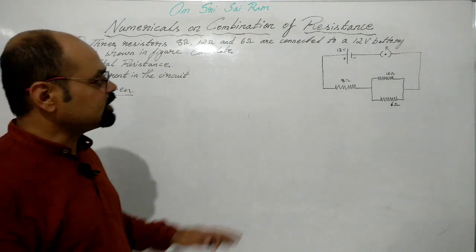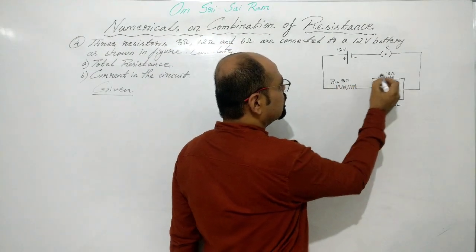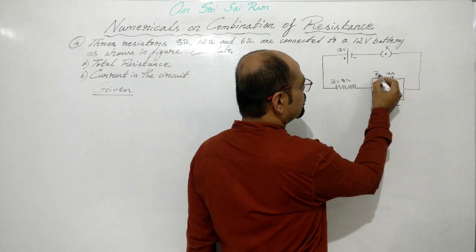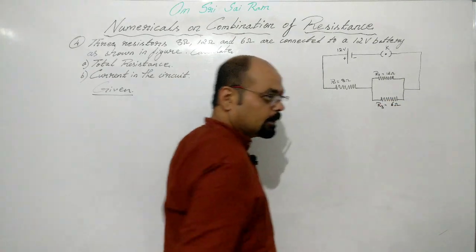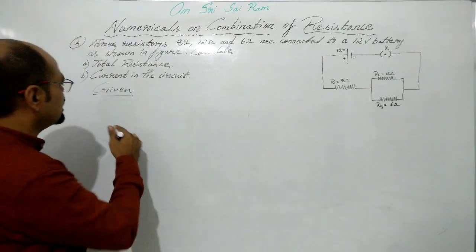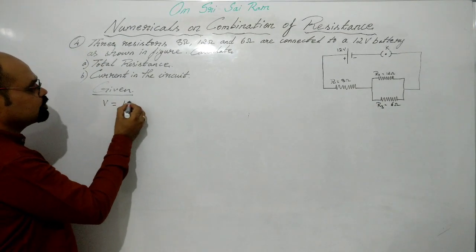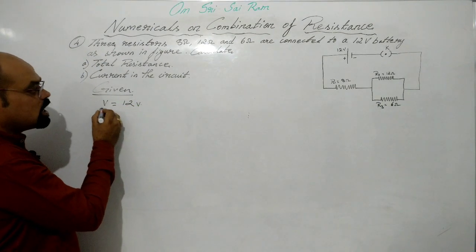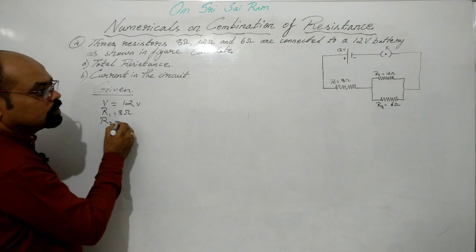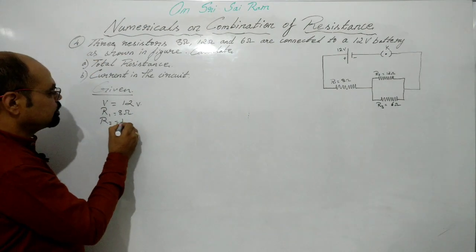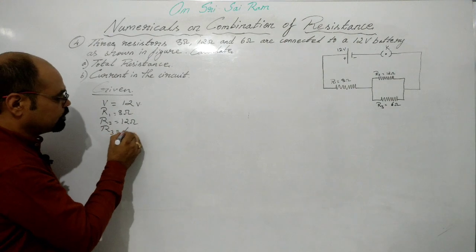Let's consider this resistor as R1, this as R2 and this as R3. Let's first write everything that is given. We have a 12 volt battery, so V, the potential difference, is equal to 12 volts. R1 is equal to 8 ohms, R2 is equal to 12 ohms, and R3 is equal to 6 ohms.